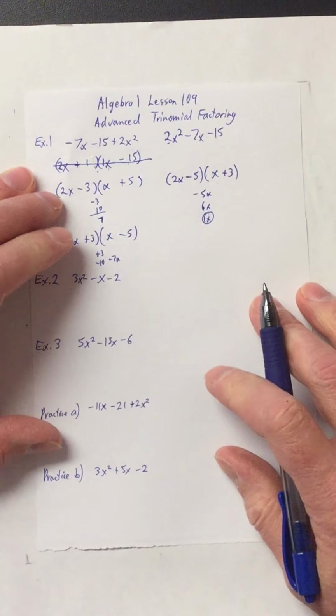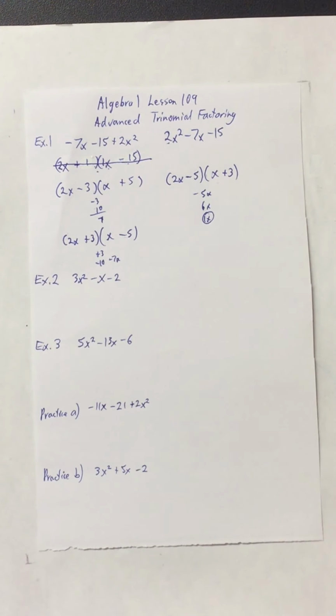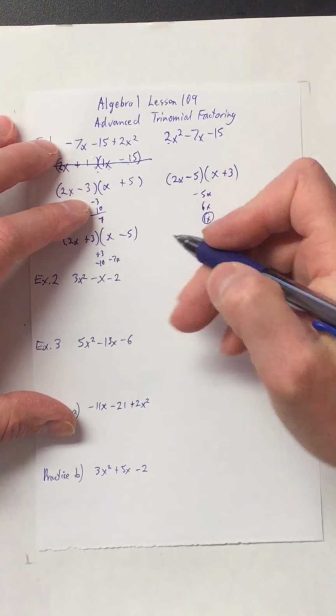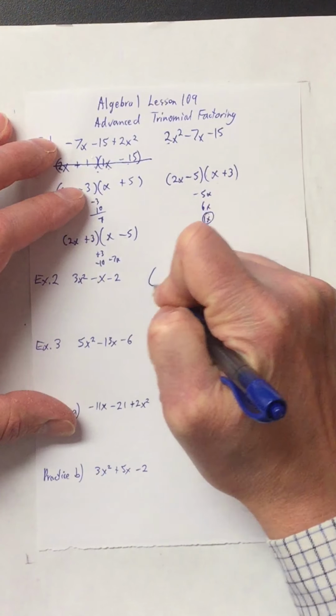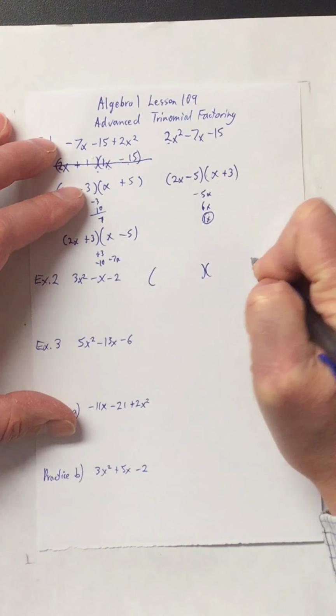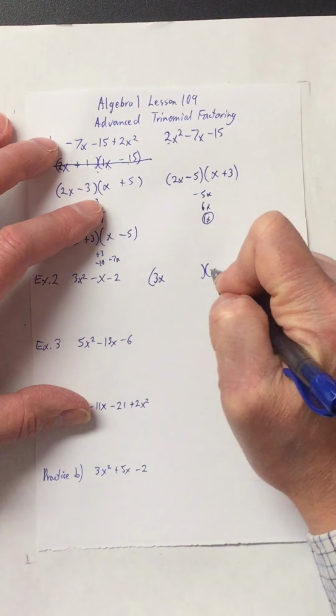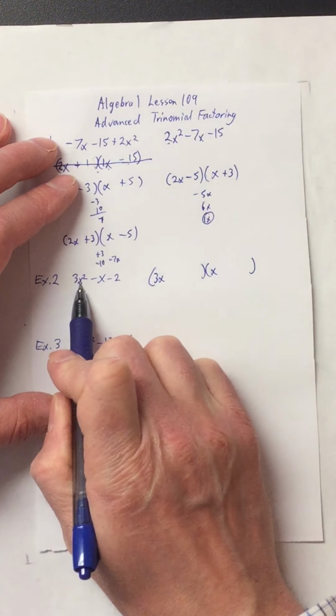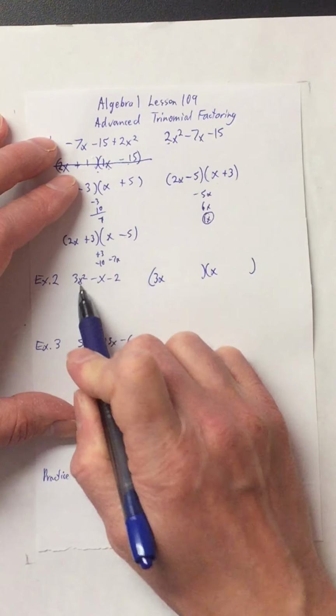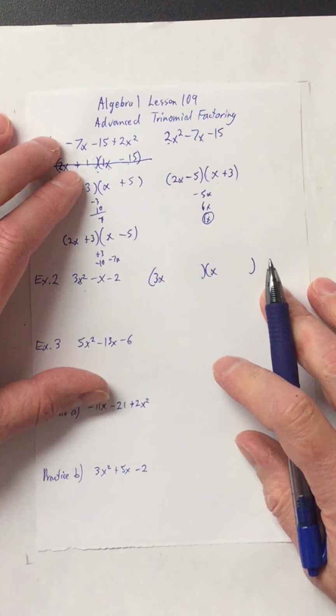Okay, let's work through example 2 here. It's already written to us in descending order. All right, so I'm going to write my 2 sets of parentheses. I have a 3x here and then x. The x times x is x squared, and 3 times 1, there are my 2 factors.